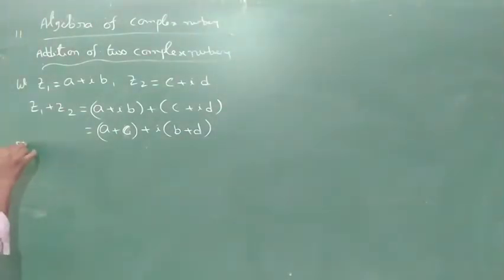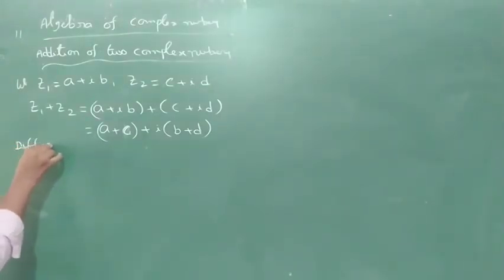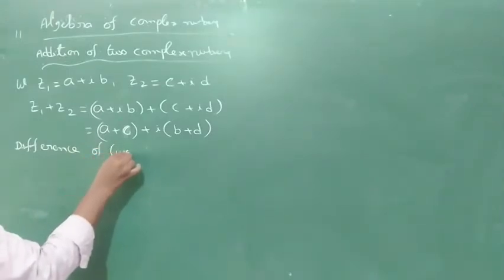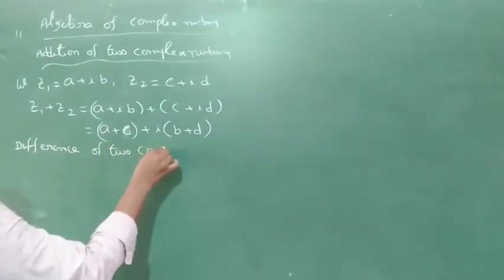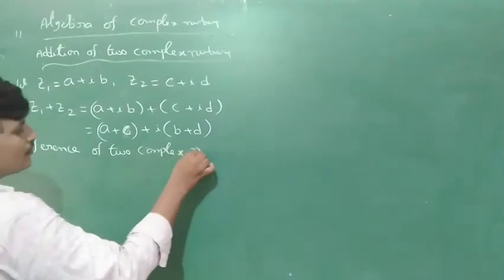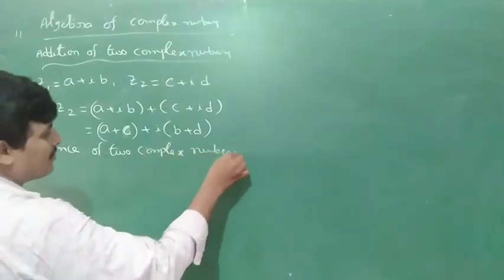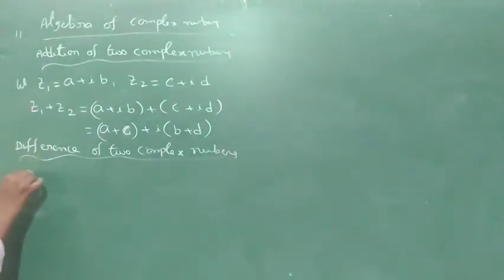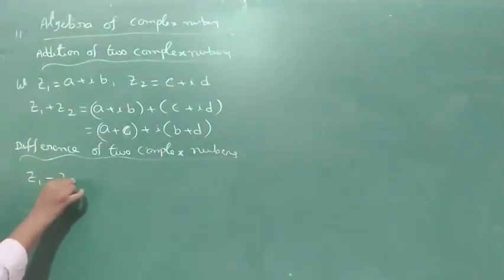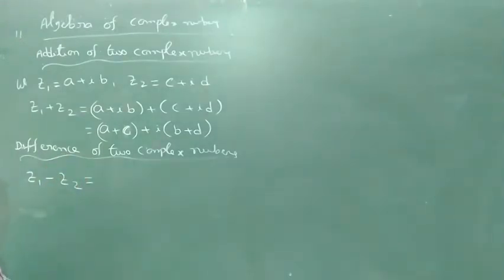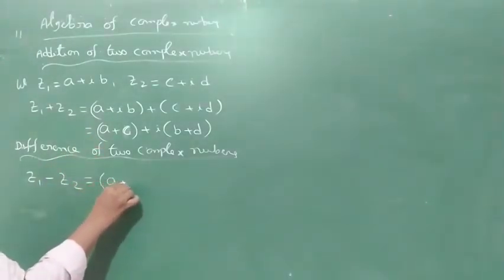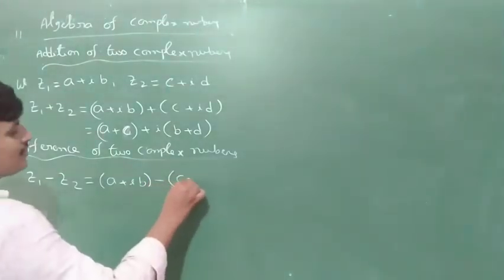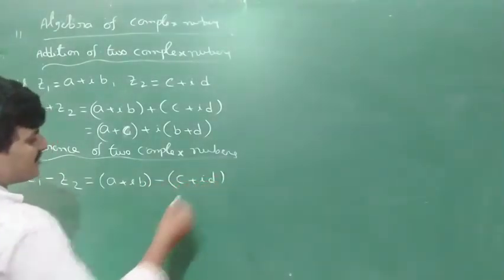Next, the second one, difference of two complex numbers. Z1 minus Z2, where Z1 is equal to a plus ib and Z2 is equal to c plus id.